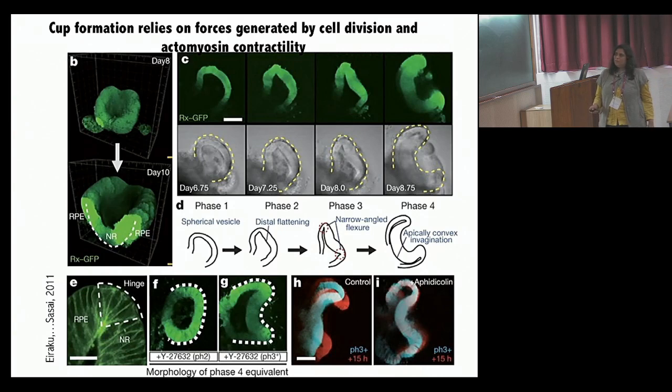Likewise, if you messed with cell division, there was a change. You didn't nicely form this two-layered cup. So what they argued was that somehow these aggregates are also spatio-temporally regulating their actomyosin contractility and cell division to enable this morphology.